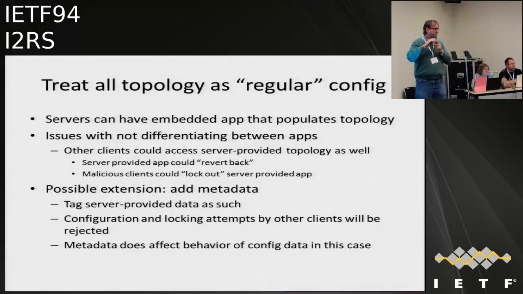If we treat it just as regular configuration, it would, however, imply that we don't differentiate between who populated this application, which means that if you have a malicious client, it could try to reconfigure a server-provided topology, or a topology that is maintained by another app, and in the worst case try to lock that application out from performing an operation there. So that's the main issue with this one.